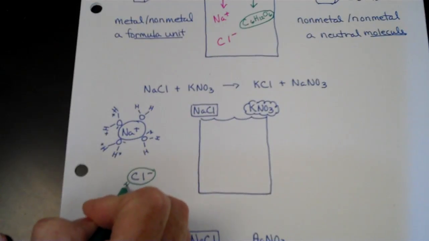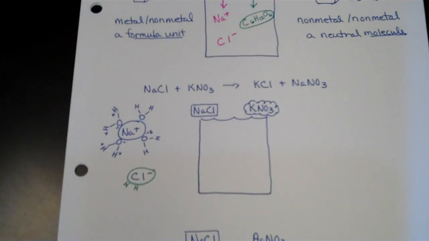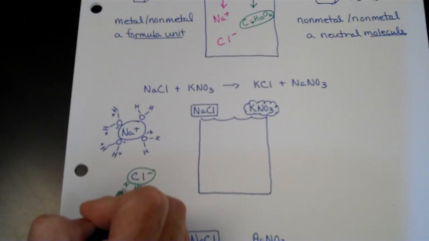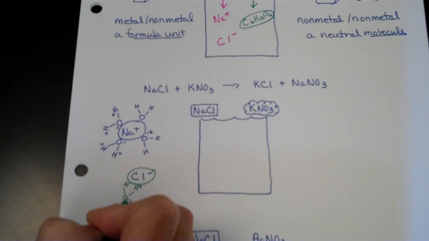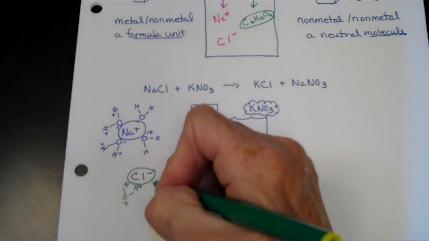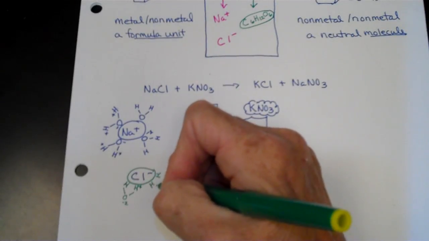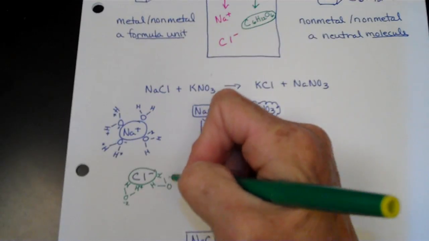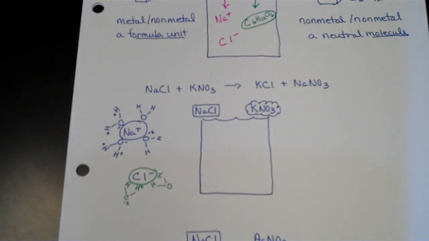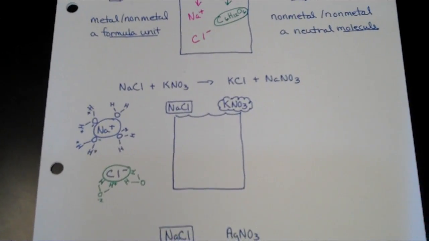What's going to be near the chloride anion is going to be the hydrogens with their positive charges, and the oxygens are going to be farther to the outside. So we'll have the same sort of encapsulation occurring here with water molecules, and that's what prevents the sodium cations and the negative chloride ions from getting close enough to one another that we have sodium chloride forming.